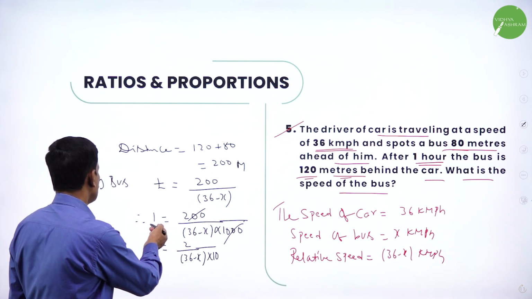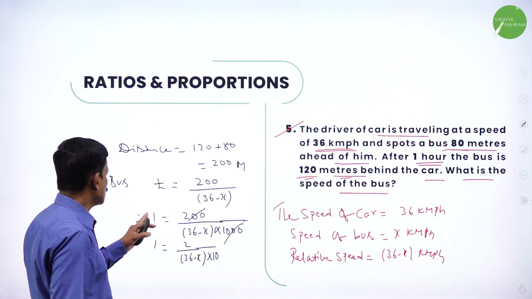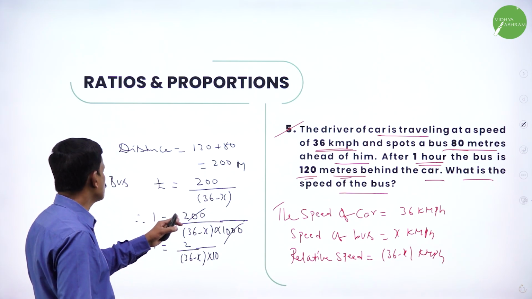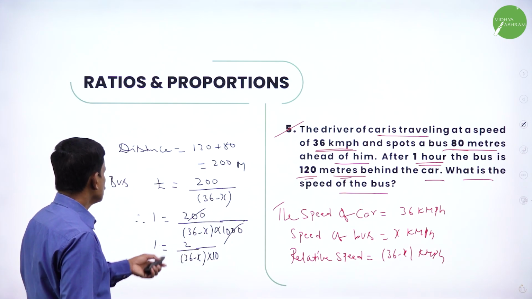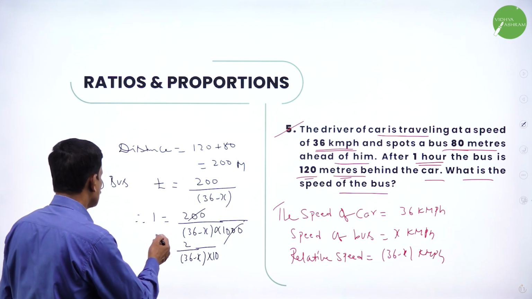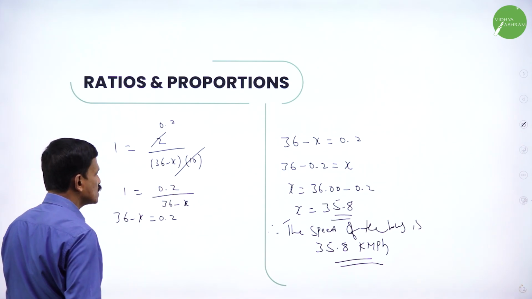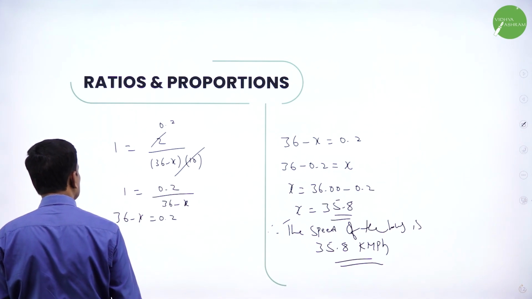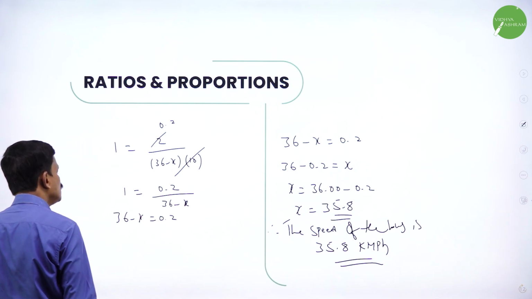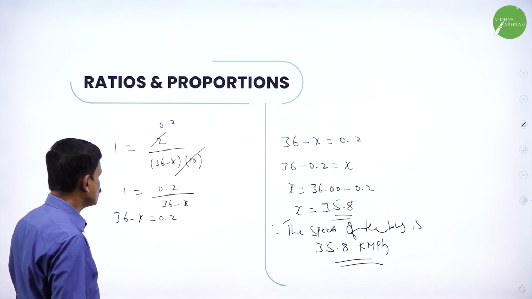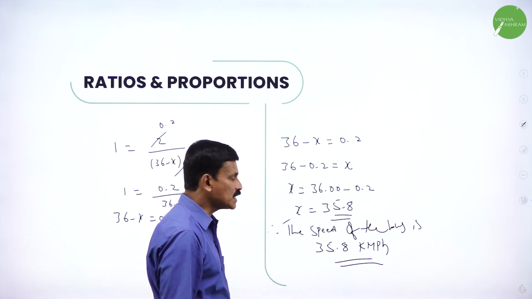So 1 is equal to, this is time taken. So therefore here 1 is equal to 200 divided by 36 minus x into 1000, or if we cross multiply this, 1 is equal to 2 by 36 minus x by 10, that is 0.2. 0.2 divided by 36 minus x, cross multiply, 36 minus x is equal to 0.2, or 36 minus 0.2 is equal to x.